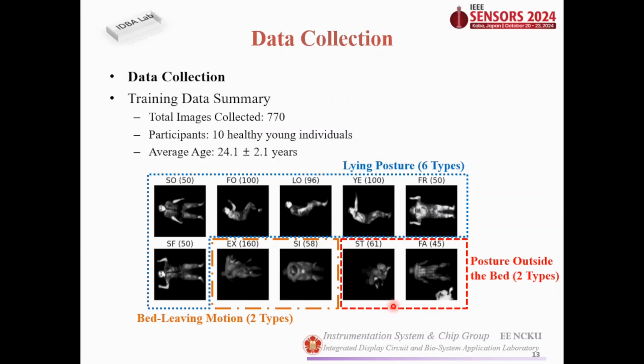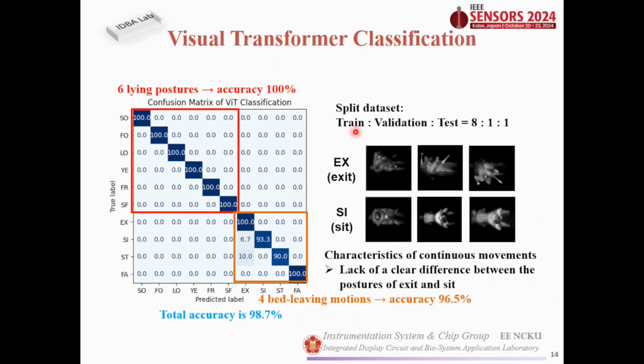In total, we have 10 categories. Each participant maintains the same posture on the bed for 10 seconds to simulate residual heat produced while lying down before starting the action of leaving the bed.